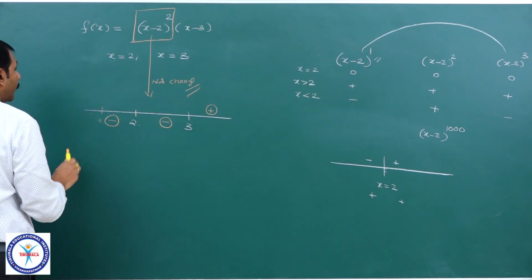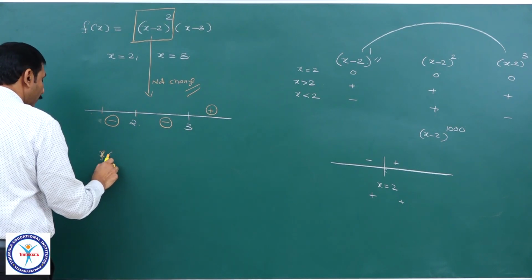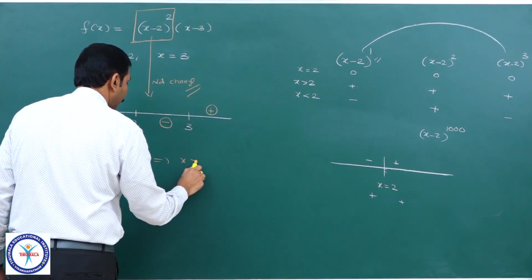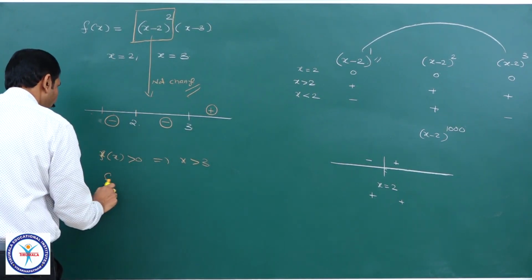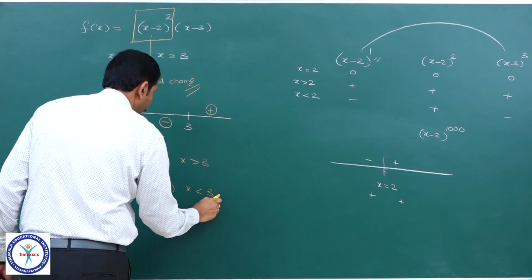Therefore, what can I write here? If I want x values for which f of x is greater than 0, it means x greater than 3, and f of x less than 0 means x less than 3, I can write.